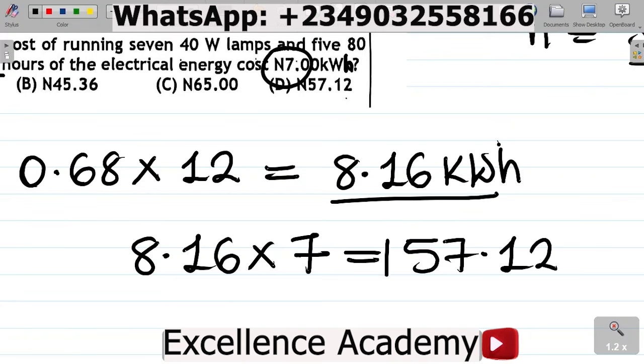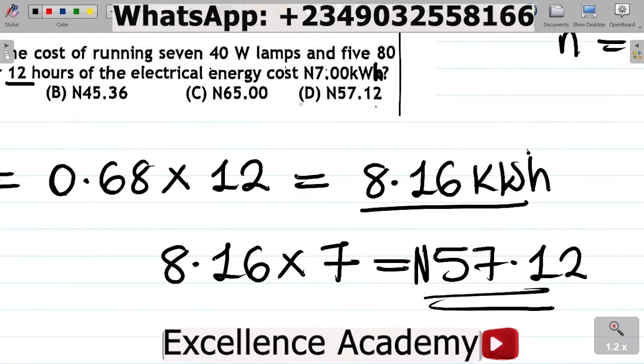Of course, the charge is in naira, so you have 57.12 naira. So coming back to this, you can see that the correct answer there is D, 57.12 naira. All right, so this is how you answer this question.